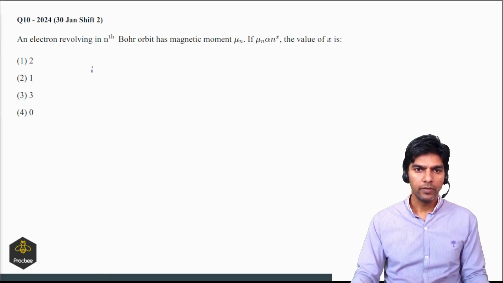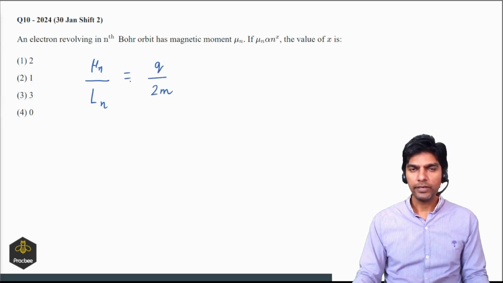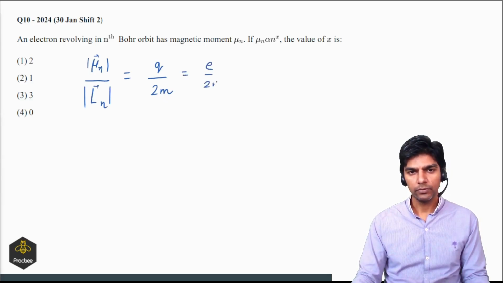Just remember this: magnetic moment upon angular momentum will be q divided by 2m. Since it's an electron there has to be a negative sign also, but we don't have to worry about the negative sign because it is not given in the question. So we can say the magnitude of mu n by the magnitude of ln will be q by 2m, where q will be e.